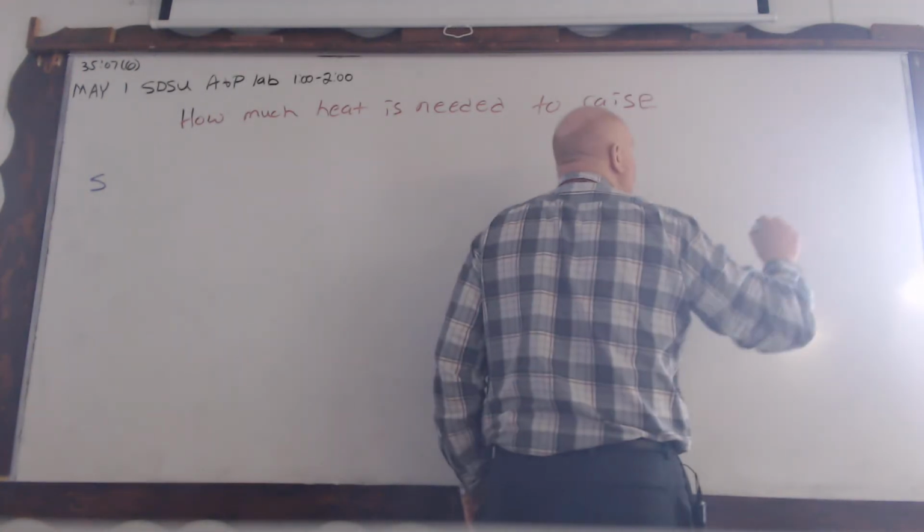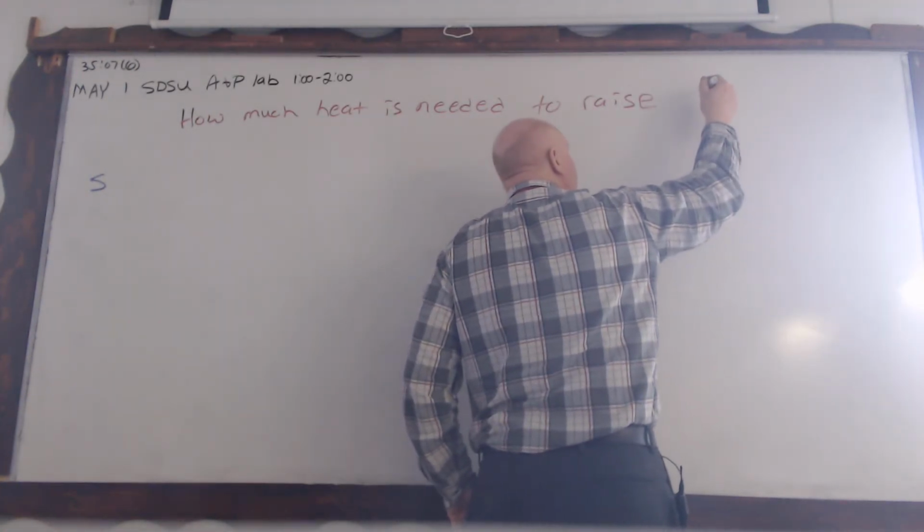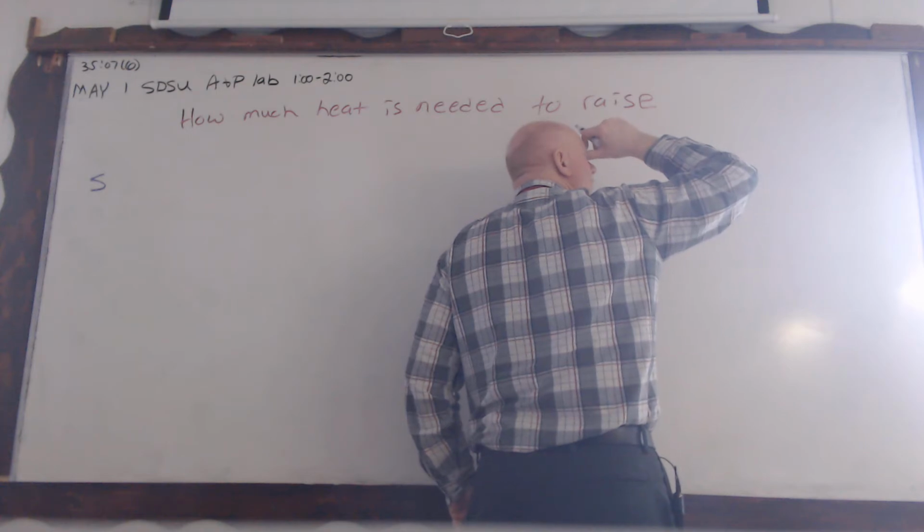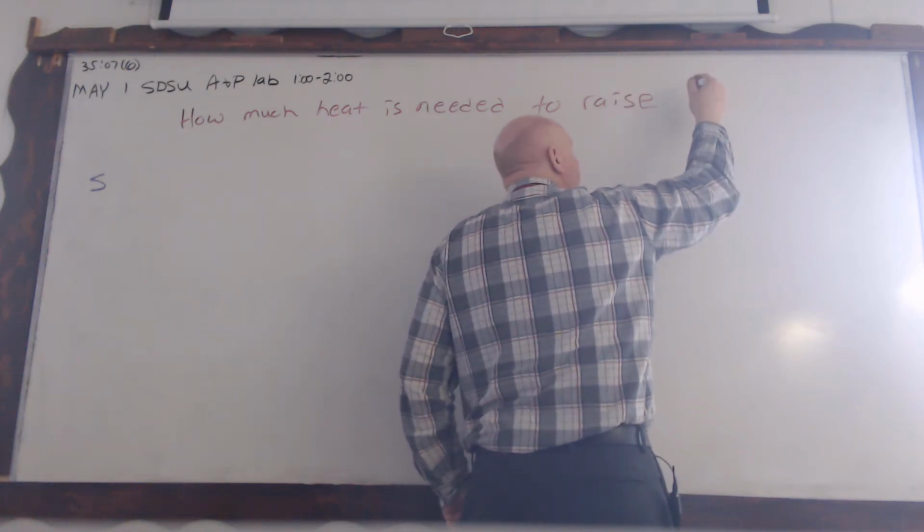So how much of this zinc do we have? Over 400 grams. 400 what? 406.